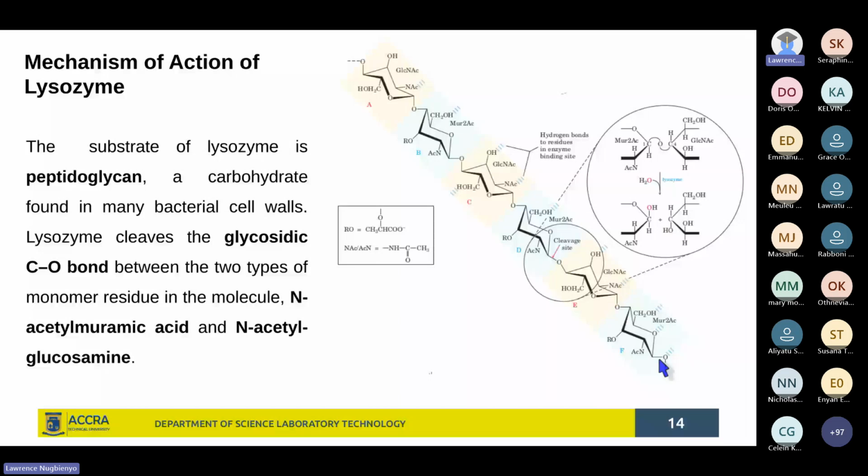This way lysozyme, which is a bactericidal agent, can break down the cell walls of bacteria and, in essence, destroy that bacteria. So that is another practical application of enzymes in antibiotics or bactericidal agents.